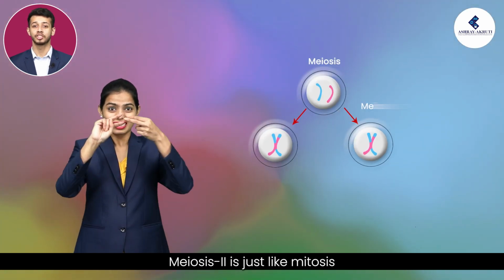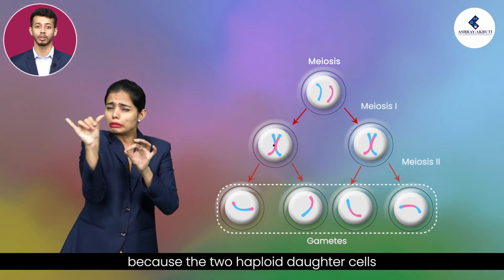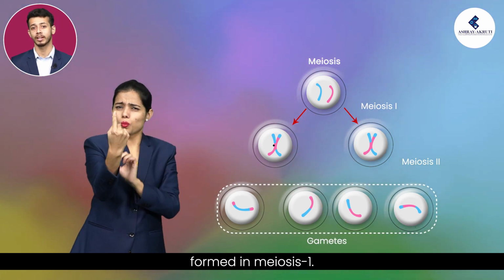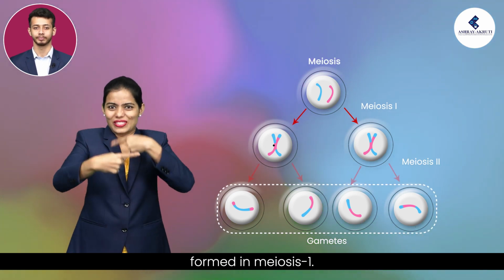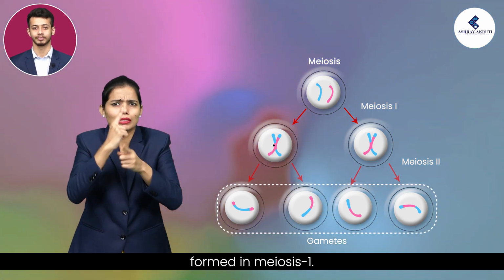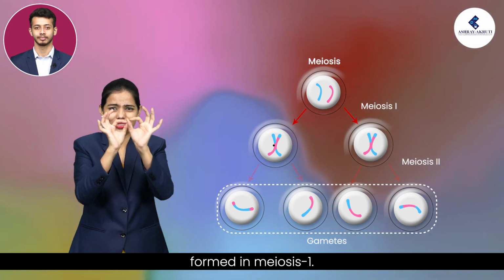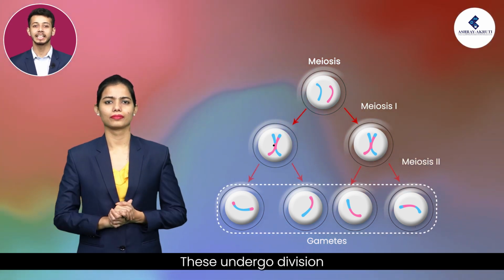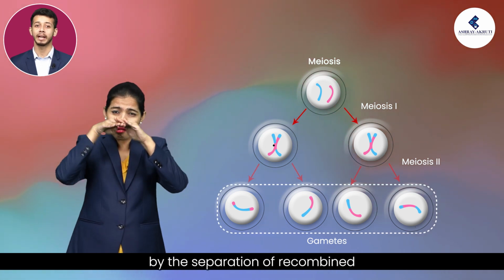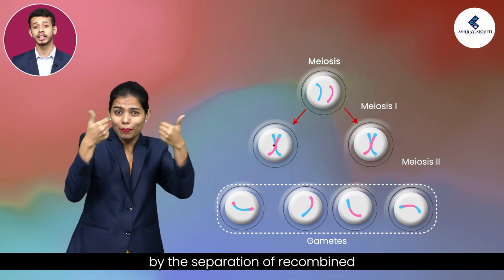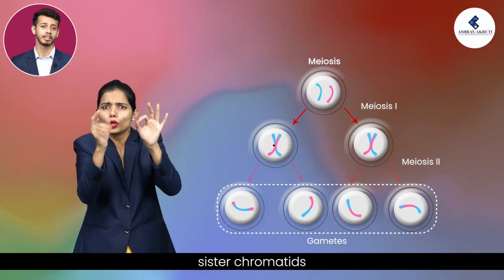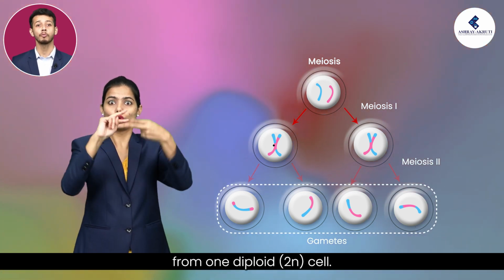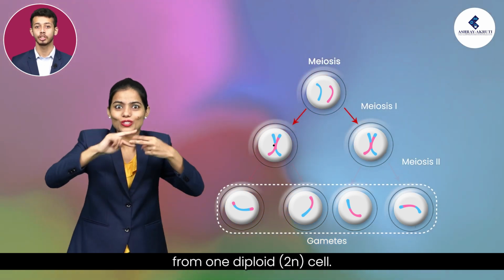Meiosis 2 is just like mitosis, because the two haploid daughter cells formed in meiosis 1 undergo division by the separation of recombined sister chromatids, forming 4 haploid daughter cells, n, from one diploid 2n cell.